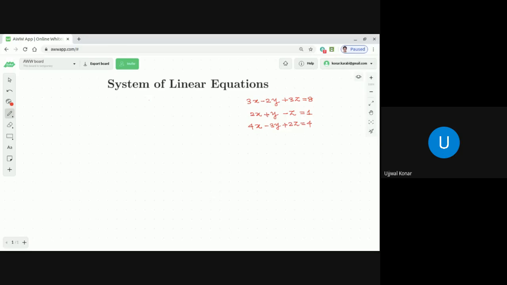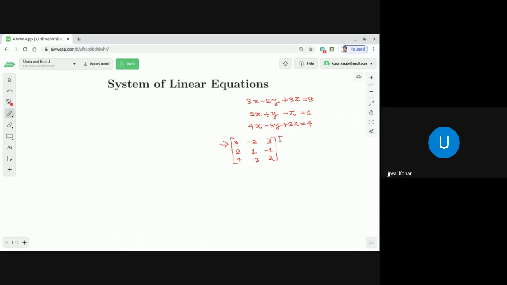And dear students, if you see this equation, we can write it in a matrix format also. How can we write it in a matrix format? It is something like this. I can write 3, minus 2, 3, 2, 1, minus 1, 4, minus 3, 2.